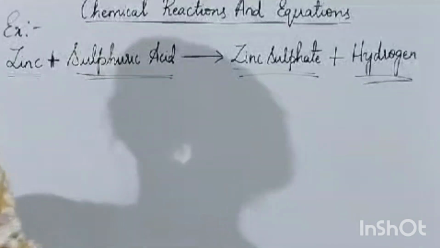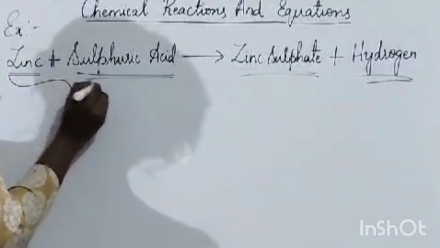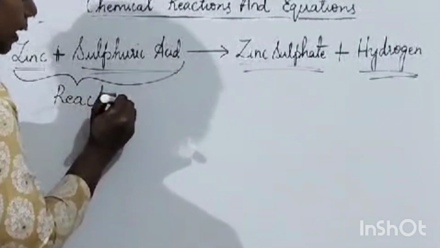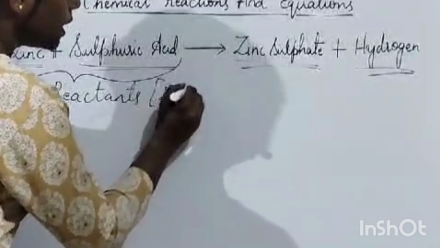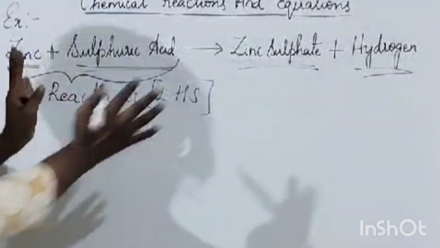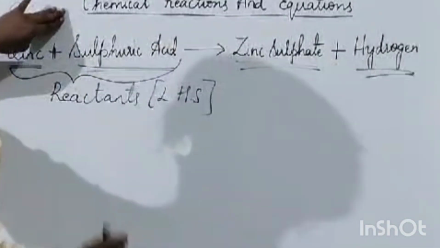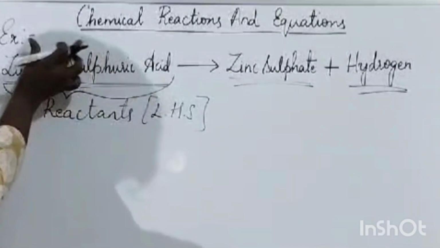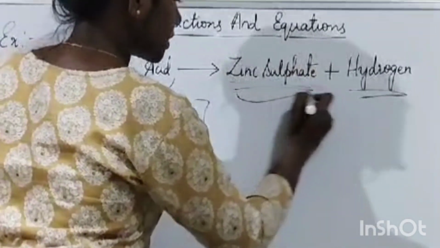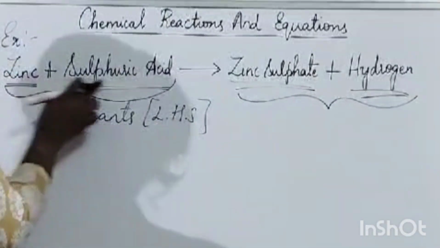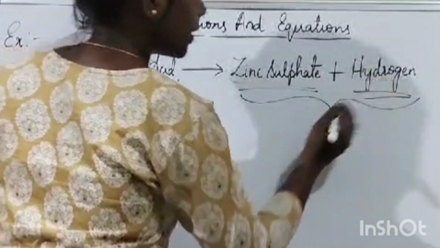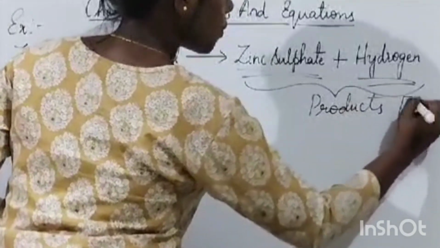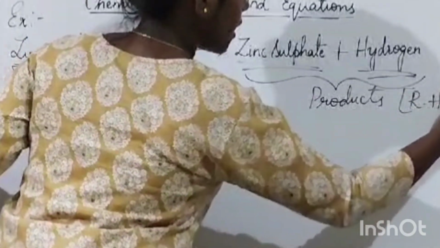Now, zinc and sulfuric acid are reactants, which are on the left hand side. Always in a chemical reaction, the left hand side will be reactants and the right hand side will be products. So zinc and sulfuric acid are reacting to form the products. Zinc sulfate and hydrogen are products, on the right hand side, RHS.